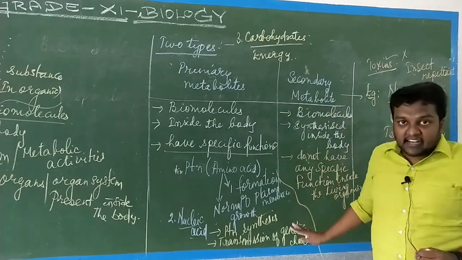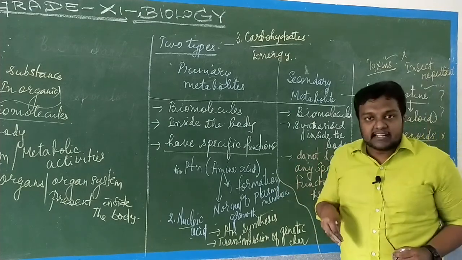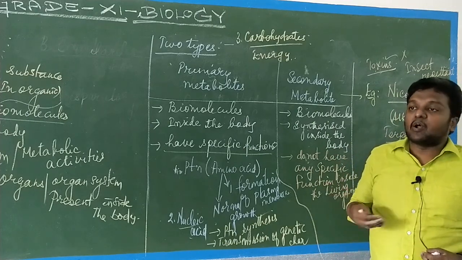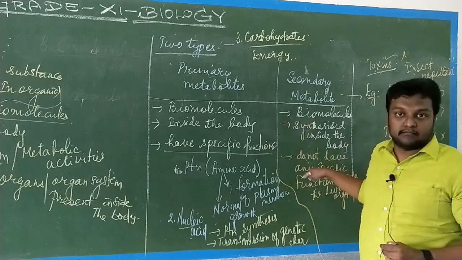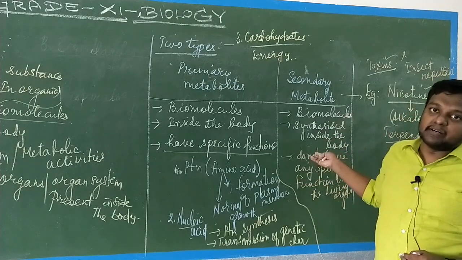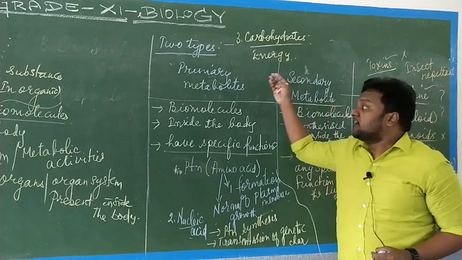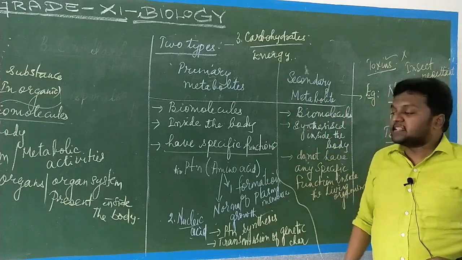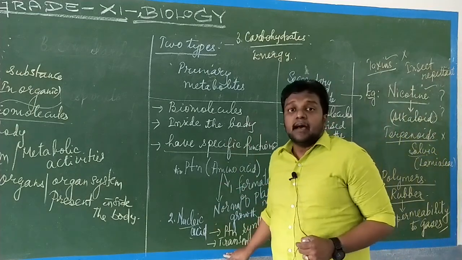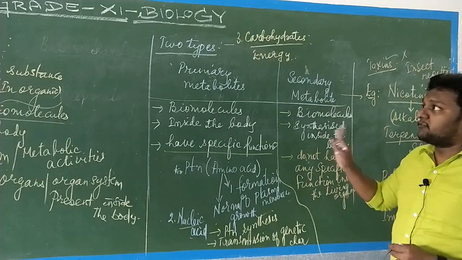Whereas the secondary metabolites present inside the organism will not have any useful impact or role for that living organism. So alkaloids, toxins, polymers are some examples of secondary metabolites. Whereas for primary metabolites we have proteins, nucleic acids, carbohydrates, lipids. Understand? This is the first topic which you have to keep in mind.